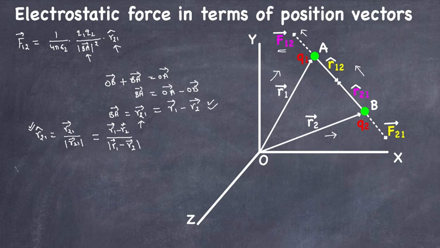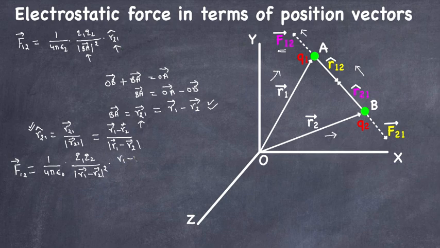So that gives me the electrostatic force or the Coulomb force between two charges is going to be equal to 1 over 4 pi epsilon naught Q1 Q2 over the magnitude of R1 minus R2, squared, times the unit vector R21, which is this.